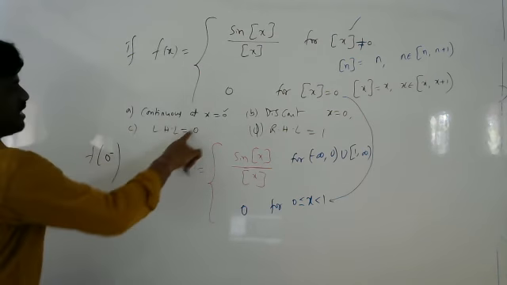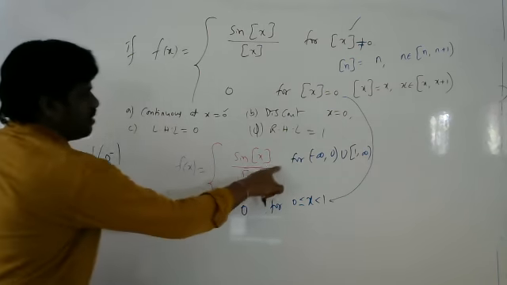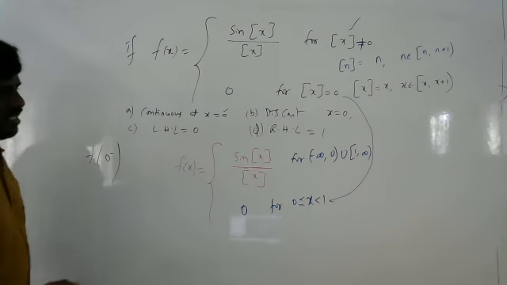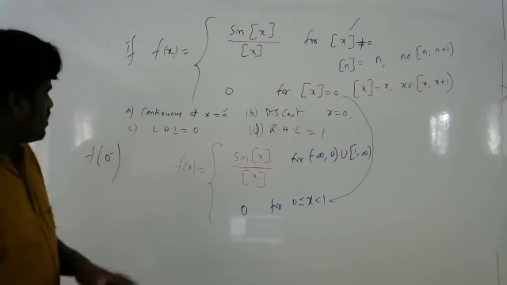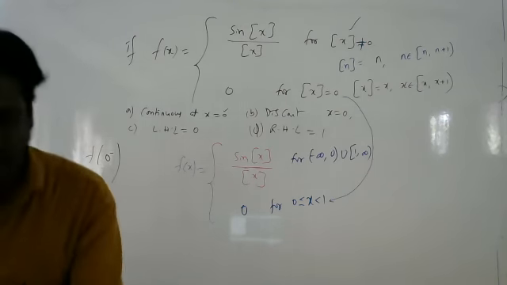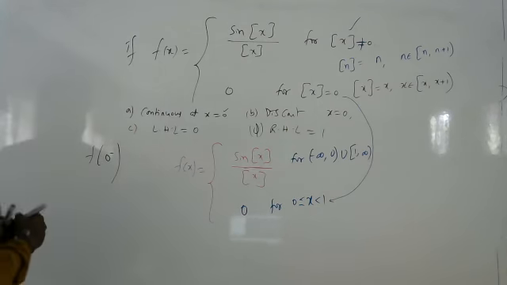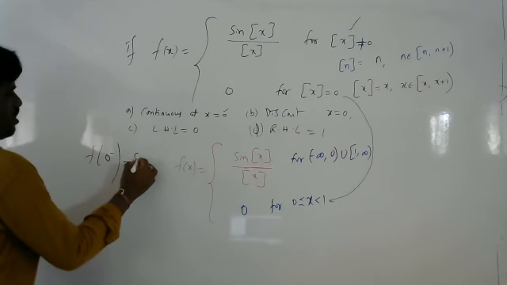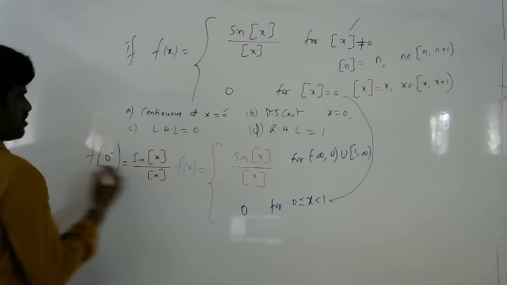I am taking the left hand limit because LHL means 0 minus. For 0 minus, will you get the upper limit or lower limit? Upper limit. That's great. So sine of greatest integer x divided by greatest integer x.